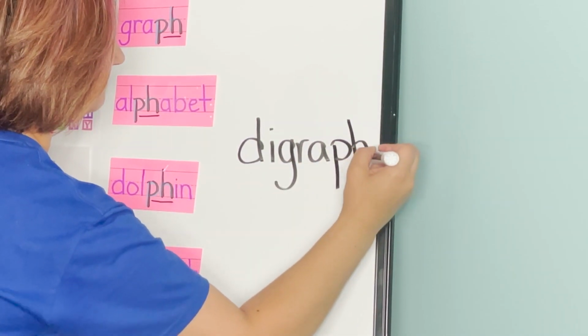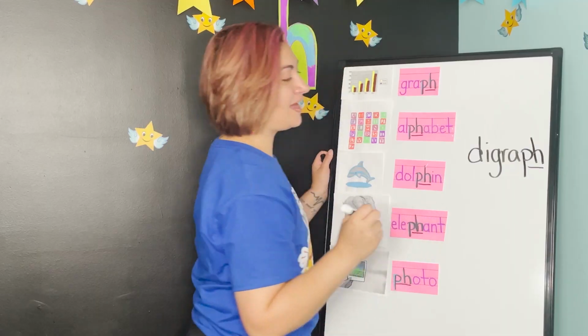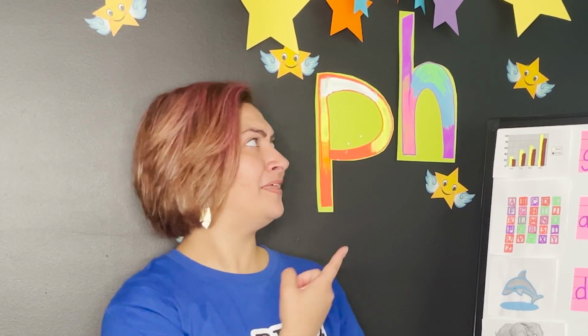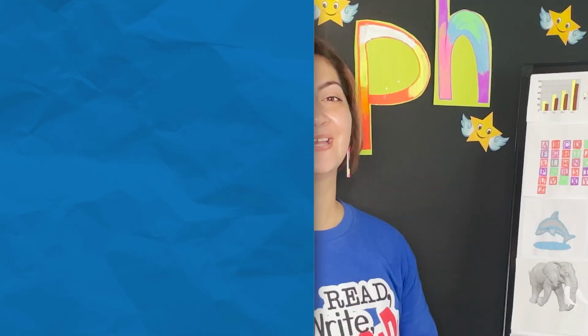That's pretty neat. A digraph. P and H are two letters that come together and only represent one sound. That's what a digraph is. And you worked on that today, scholars. Nice work. Scholars, it's important for us to keep practicing these different letter combinations to become better readers and writers.